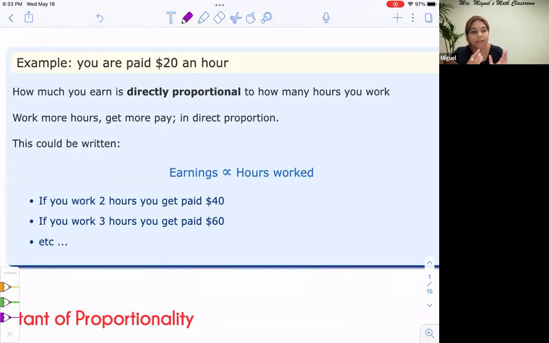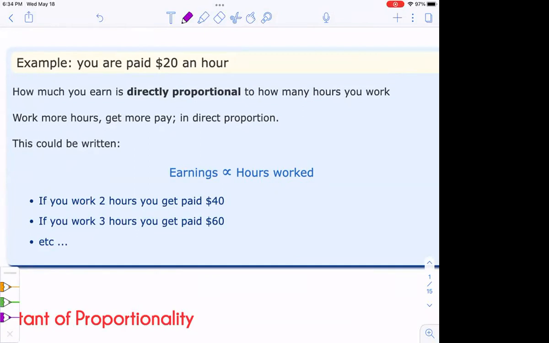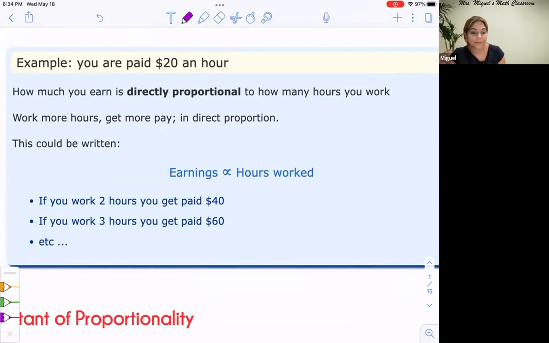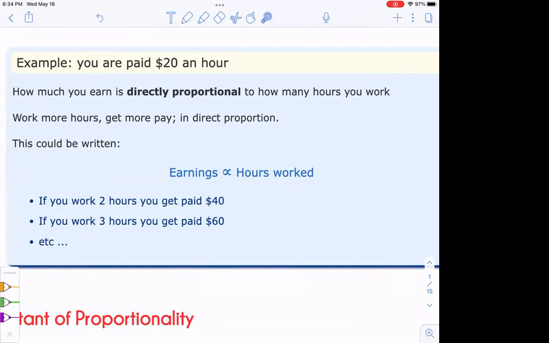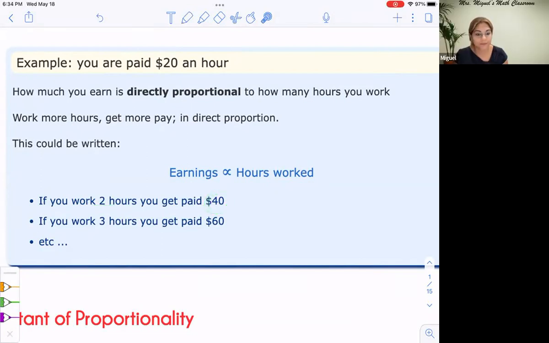So your earnings or your salary is directly related to the number of hours worked. If you work 2 hours, you will get $40. If you work 3 hours, you will get $60. The rate per hour is $20. Do you all understand that so far?